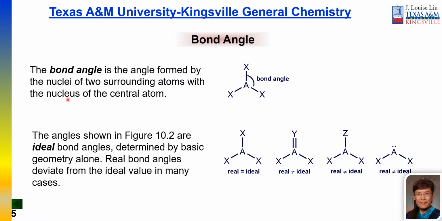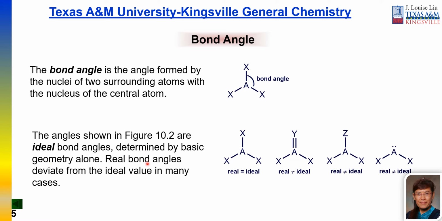This angle you call the bond angle. The bond angles shown in this figure 10.2 are the ideal bond angles. They are determined by the basic geometry alone.